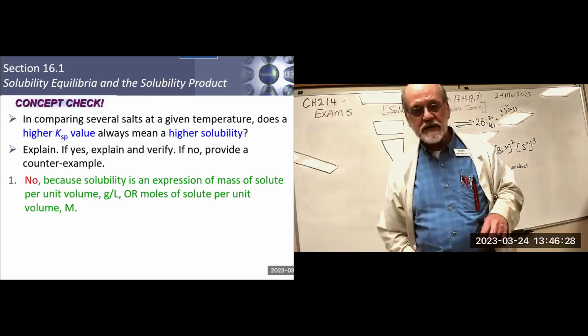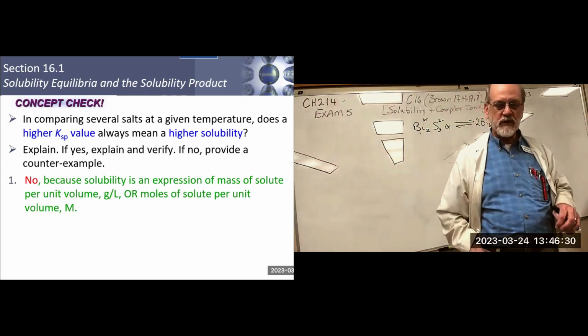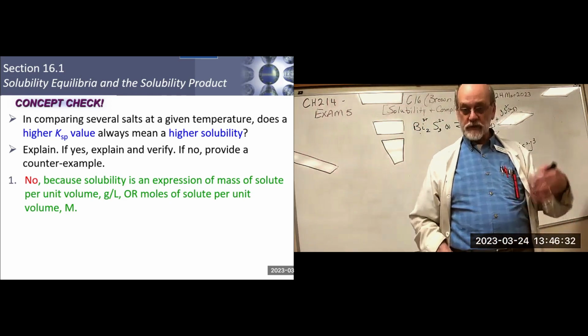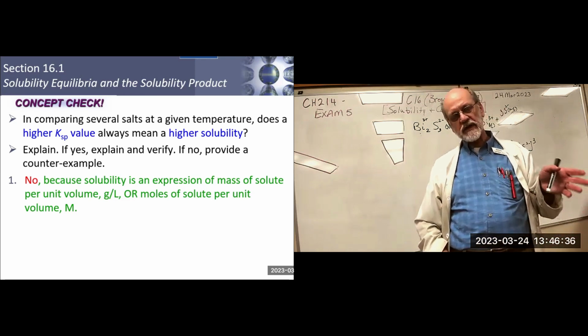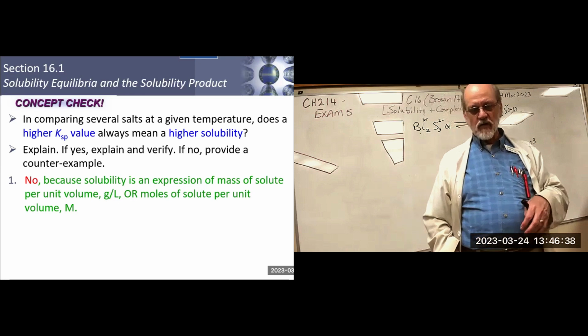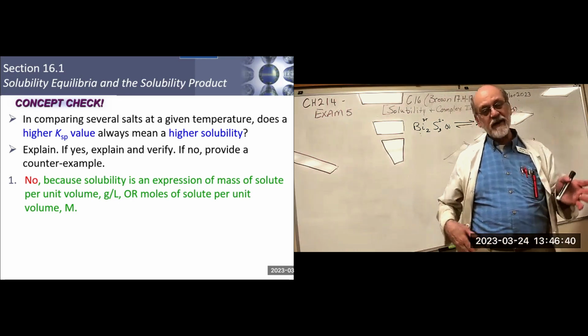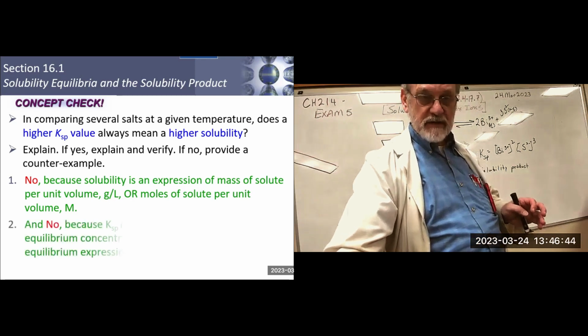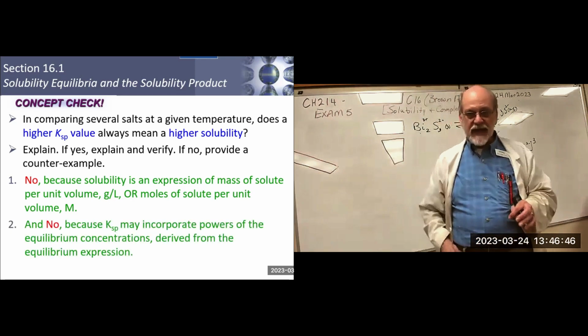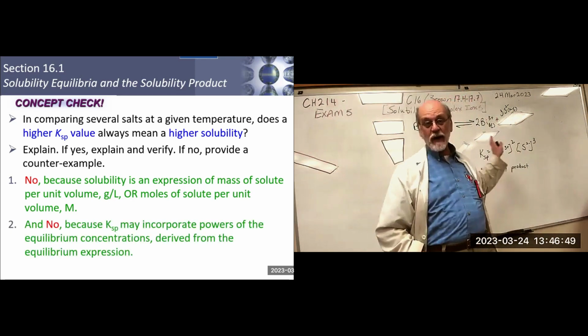Solubility is usually expressed as mass per unit volume or moles per unit volume. It could be in molarity, it could be in grams per liter or grams per milliliter. That varies. That's what a solubility expression is. And the KSP incorporates these powers.